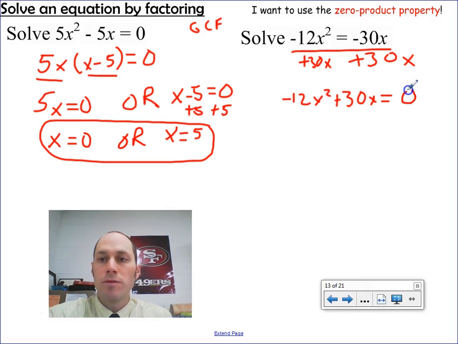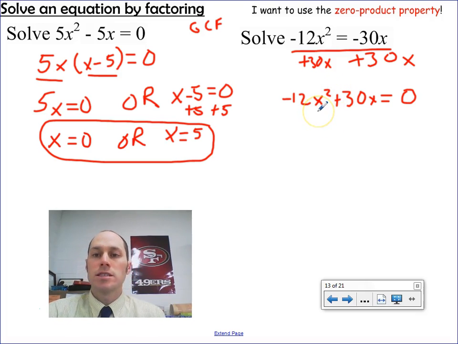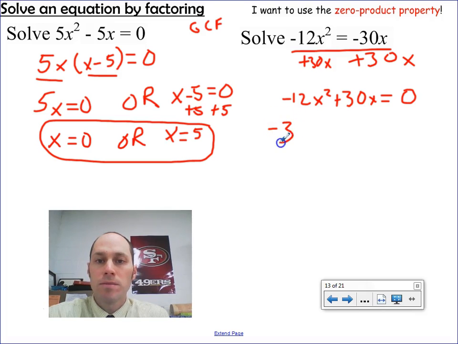Now if I can find a way to factor this and get two factors, I can set them equal to 0. Well, I can divide these both by, let's see, 12 and 30 can both be divided by 3, and they both have an x, so I'll divide out a negative 3x, which leaves me with 4x and negative 10 equal to 0.